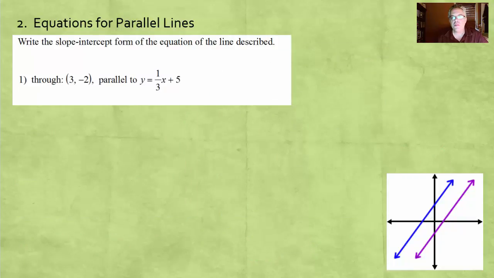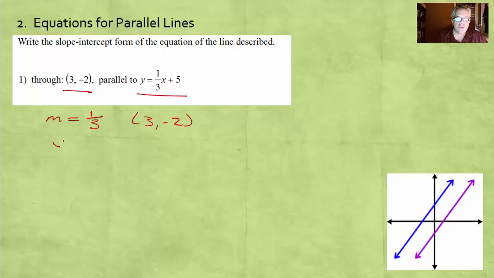So here's the typical kind of problem. We're going to write an equation for a line that goes through a given point, in this case (3, -2), and parallel to this line. Well, if it's parallel, we know that it has to have the same slope. So this line has slope 1/3, so our line has slope 1/3 also, because it's parallel to this. And we want to go through the point (3, -2).